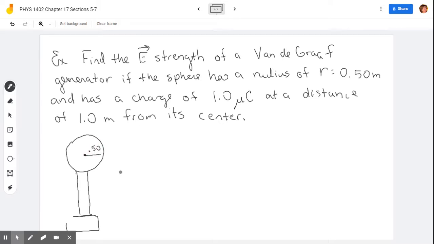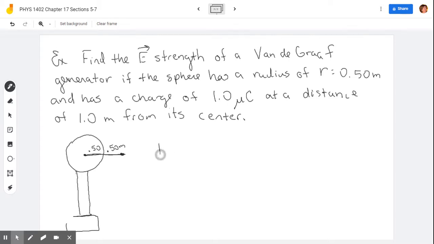This has a radius of 0.5 meters, and they want to know the strength of the electric field out here, a distance 1 meter from the center, so this would be another 0.50 meters. Interestingly enough, you can treat a charged sphere as if all of the charge is concentrated at its center. So really this part doesn't even matter. We just know that we are a meter away from the center of charge.